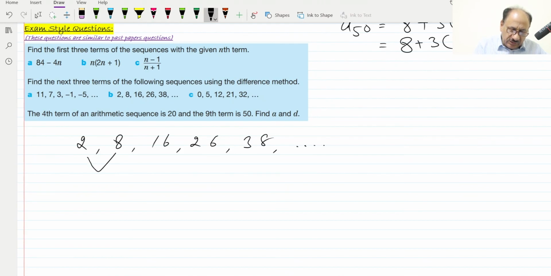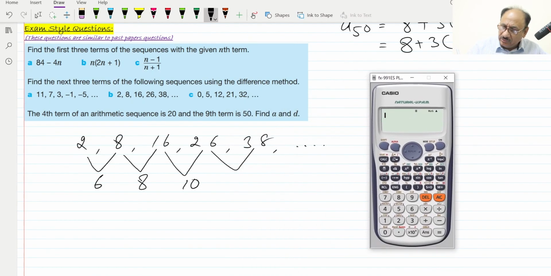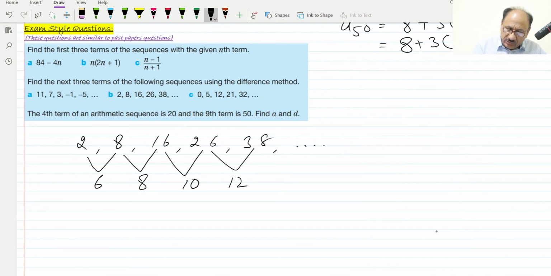Check the difference. 8 minus 2 will be 6, 16 minus 8 will be 8, 26 minus 16 will be 10, and 38 minus 26 we can check with the calculator. 38 minus 26 will be equal to 12, so we can write here 12.